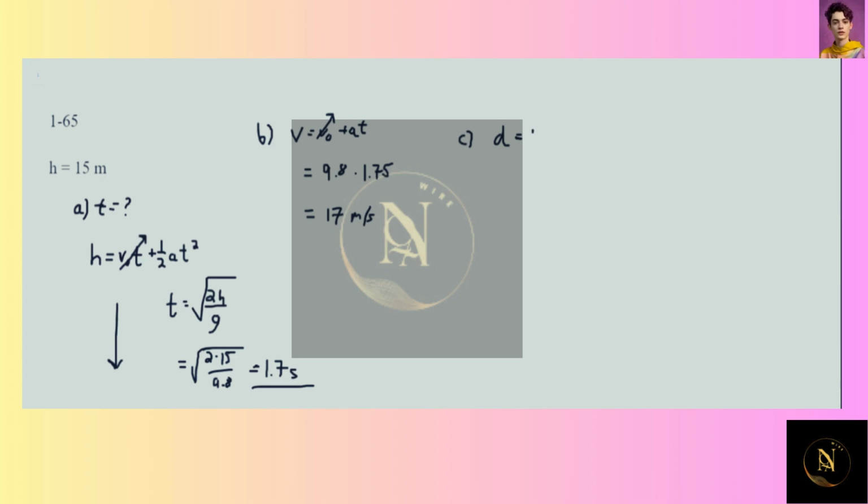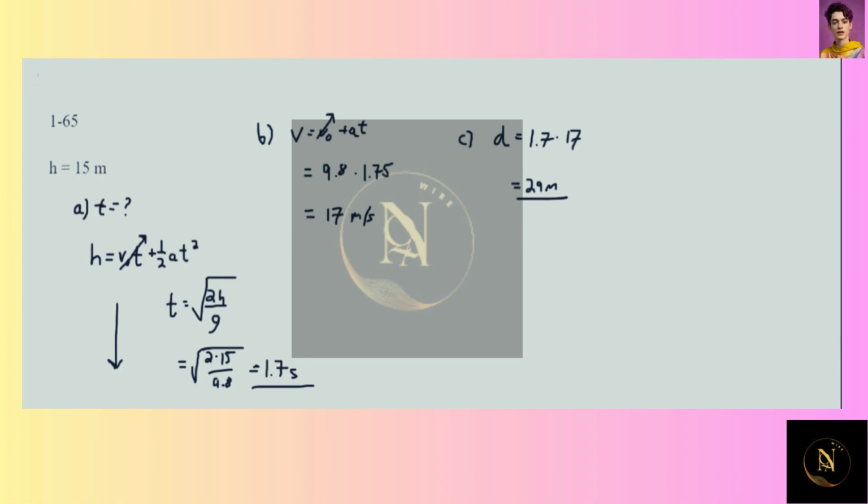So this distance is 1.7 times 17, which, if I run the numbers, results in 28.9 meters, or 29 meters to 2 significant digits.